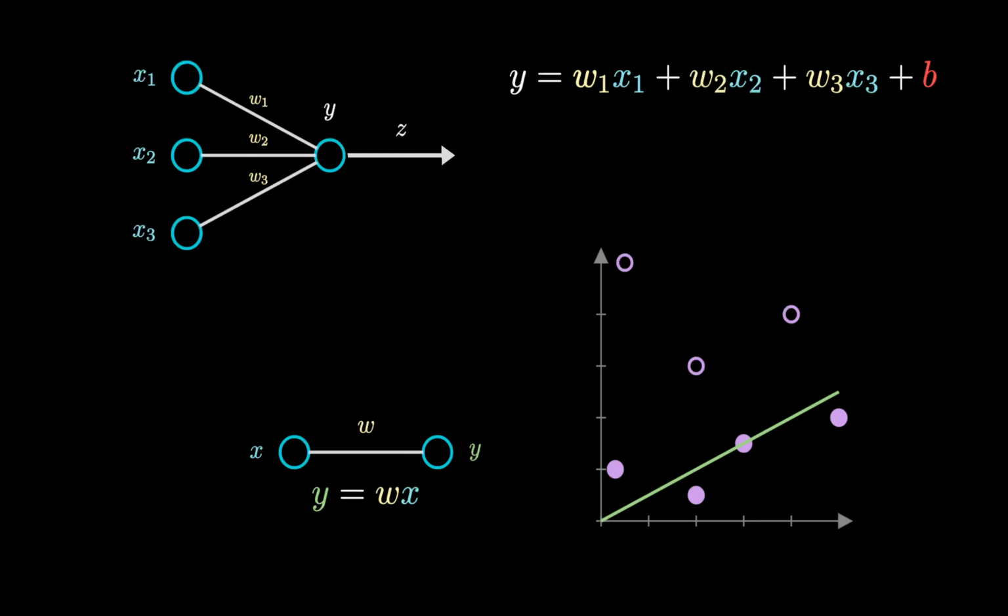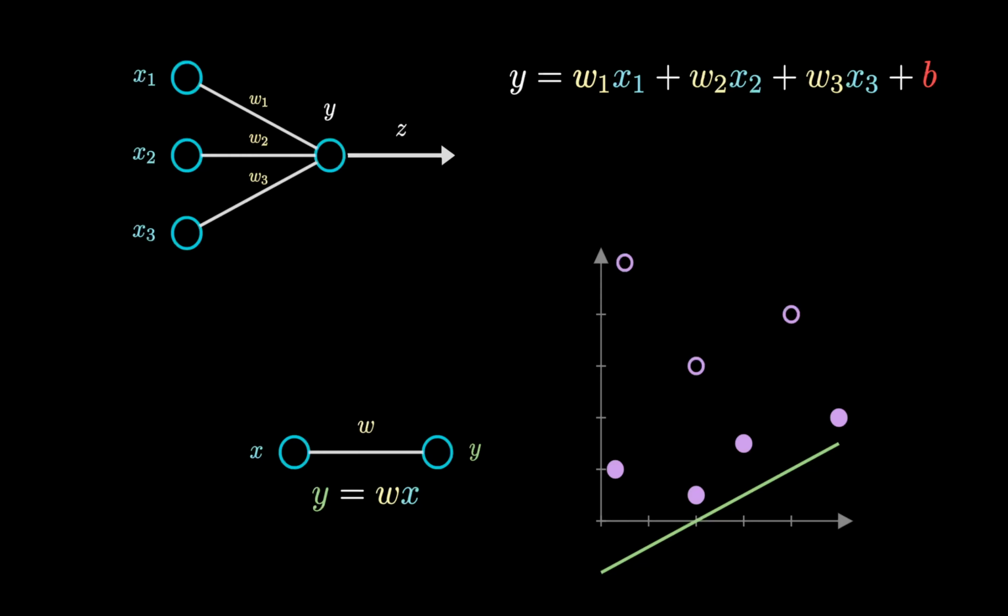This makes it impossible to properly shift the line to separate the data. By adding a bias term, we can shift the line up or down, giving us more control over its position. This extra flexibility helps us separate the circles and balls more effectively.